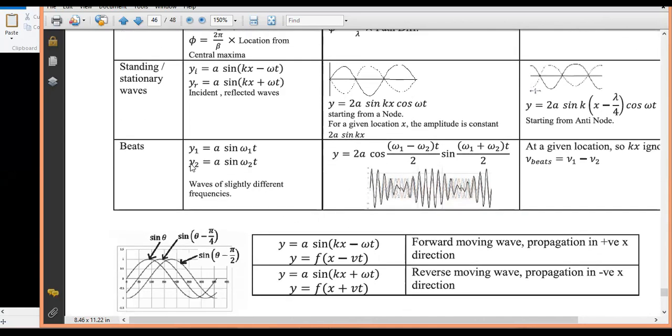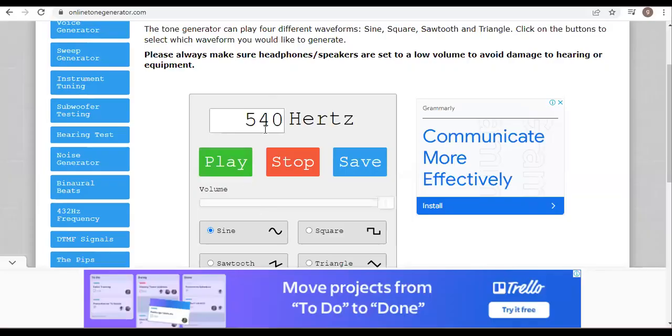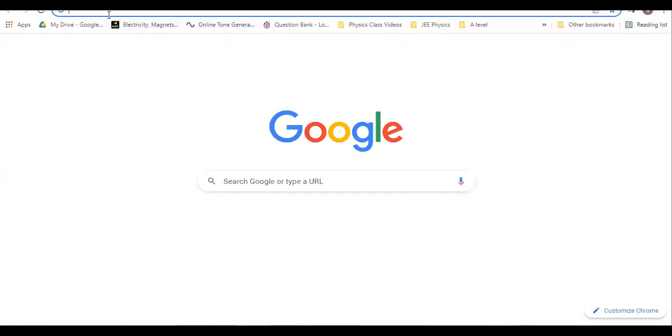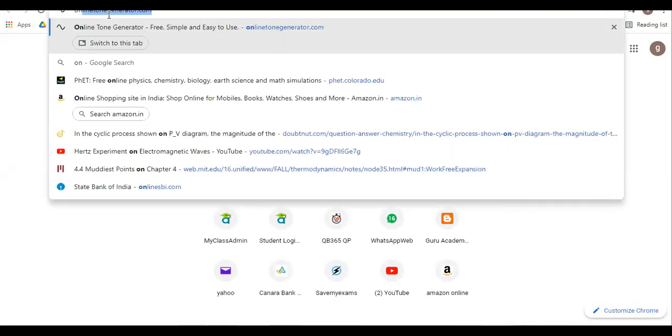So look at this, y1, y2. If you have two waves with slightly different frequencies, what will happen is, I want you to try this experiment at home. Open this, go to one more tab and open one more online tone generator.